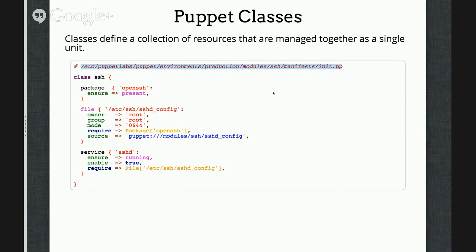All of my manifests live under a particular directory, my module directory, and we'll come to that. Manifests, and we've got init.pp. Any file with a .pp extension can be used by Puppet. If the file is called init.pp, that is the entry point, and Puppet will automatically try and run that manifest.